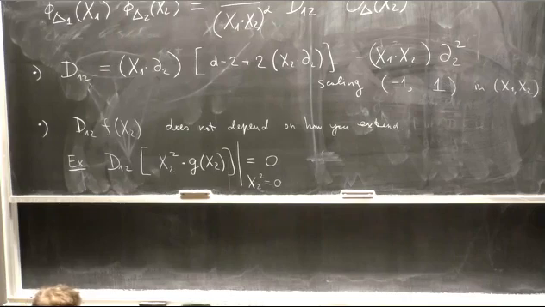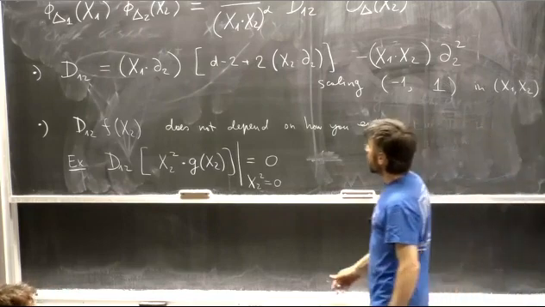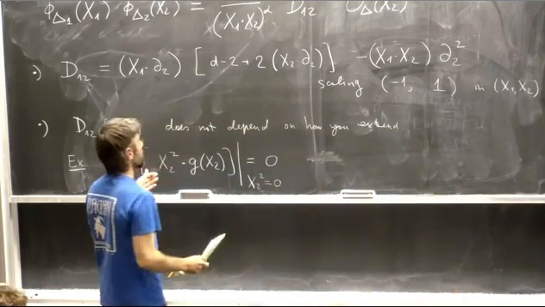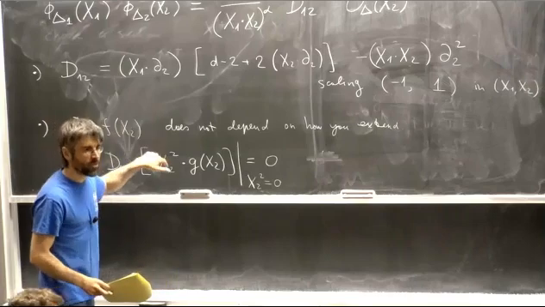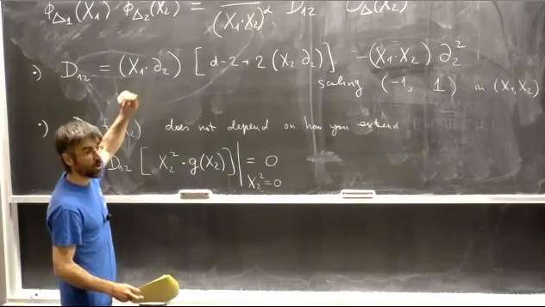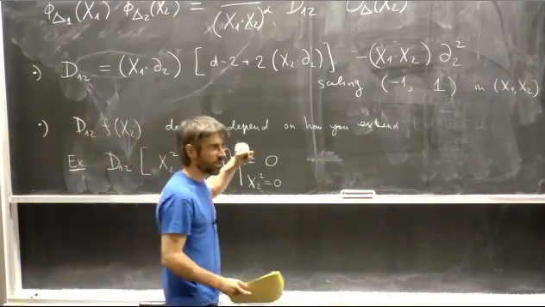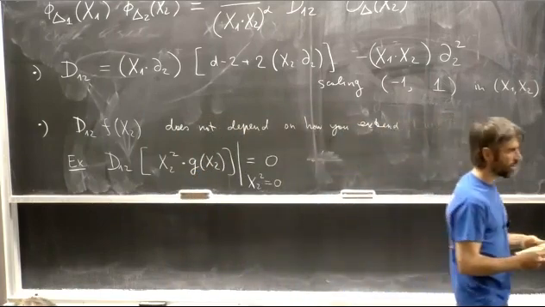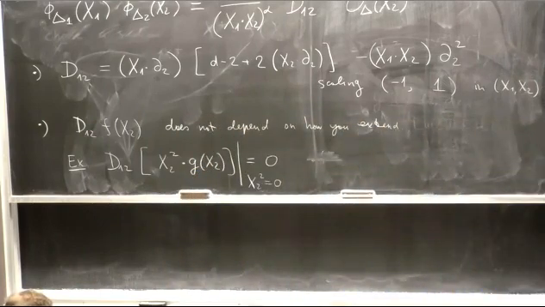It's an easy computation, and interestingly, a first order operator with such properties does not exist, but a second order operator with such properties exists. So that's why I'm using the second order operator. Yeah, a second order operator with such properties is unique.